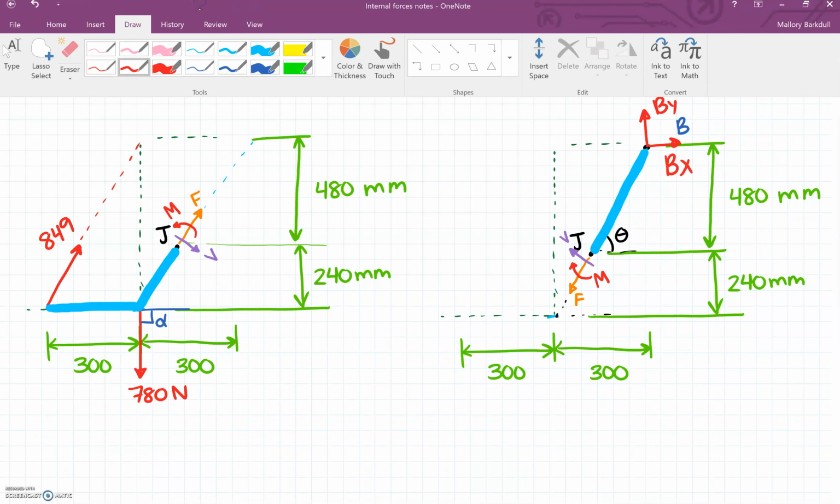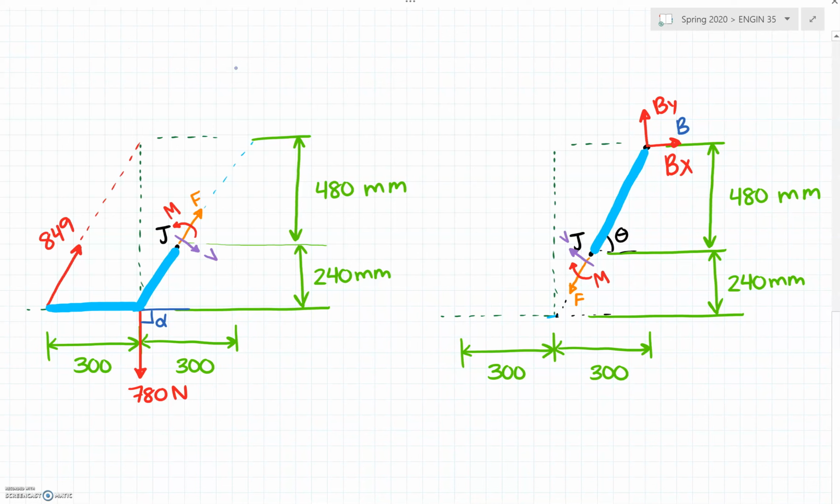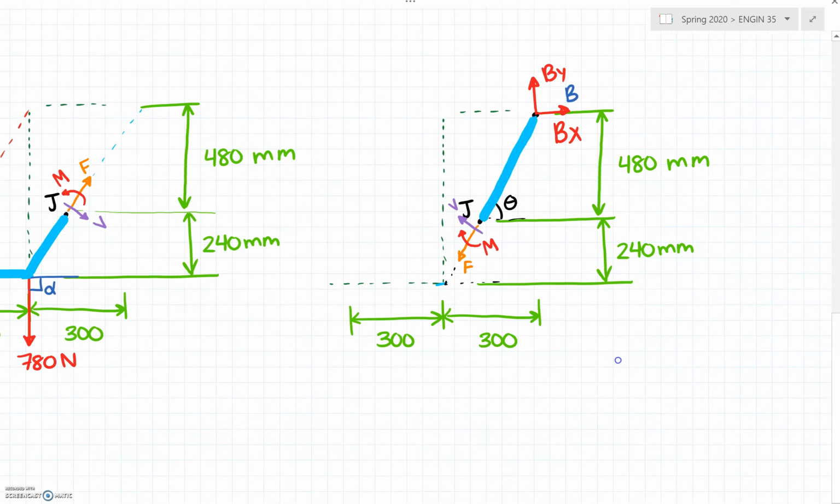Now I don't need to draw both of these free body diagrams. I just need one, and I can use either free body diagram to solve for my unknowns. To write my equilibrium equations, I'm going to use the free body diagram on the right.